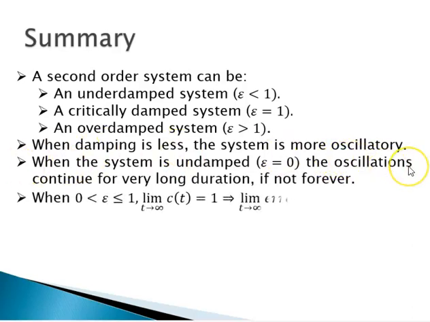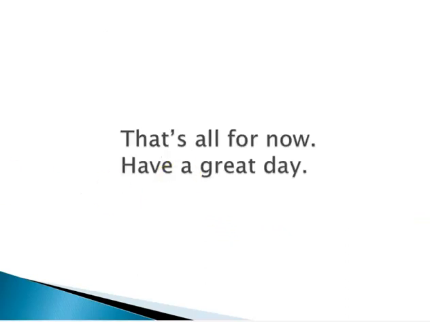When the damping ratio is 0, the oscillations continue for a very long time, if not forever. And when epsilon is in this range, or even otherwise, the limit as t tends to infinity, C of t is 1 and the error is 0. I think that's all we have for now.